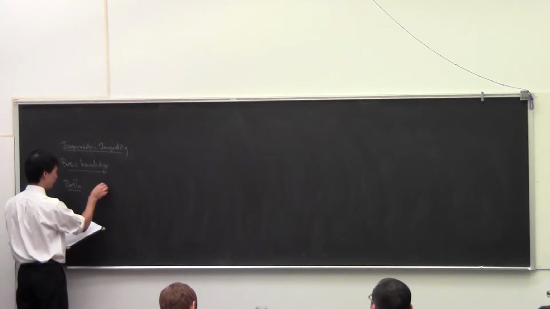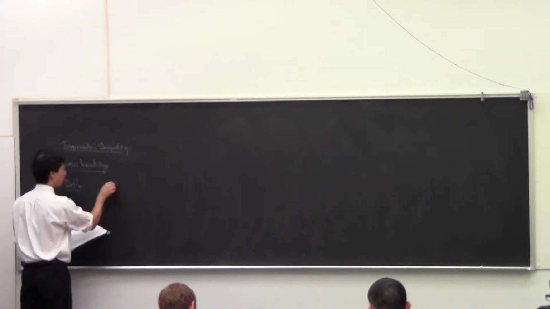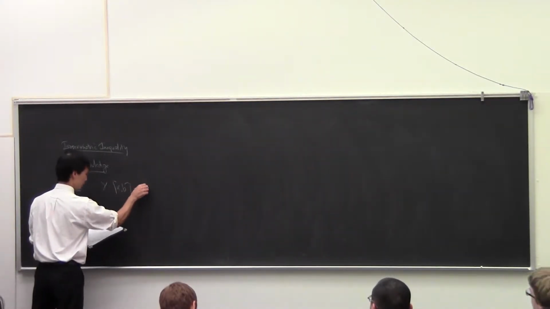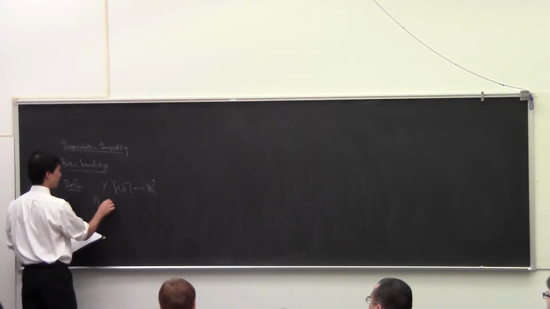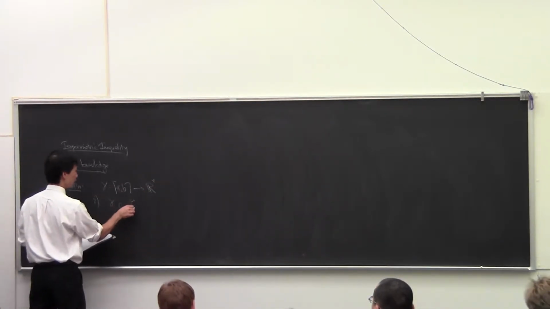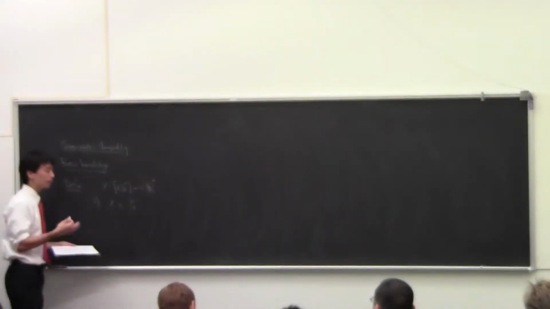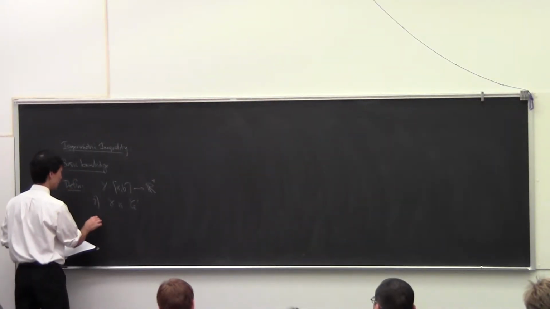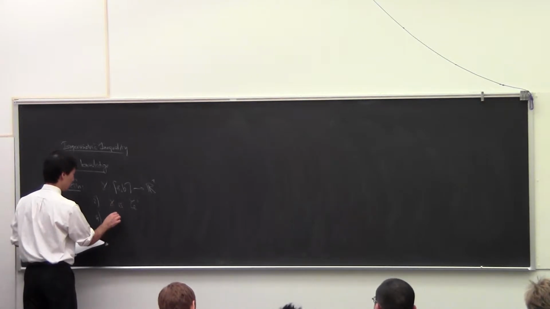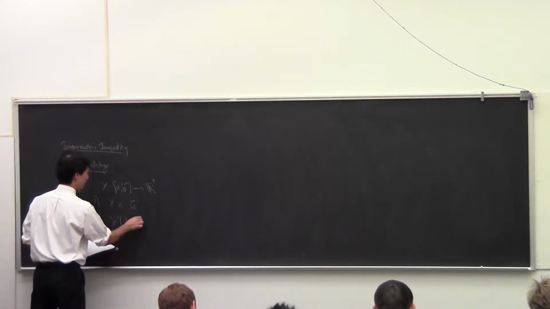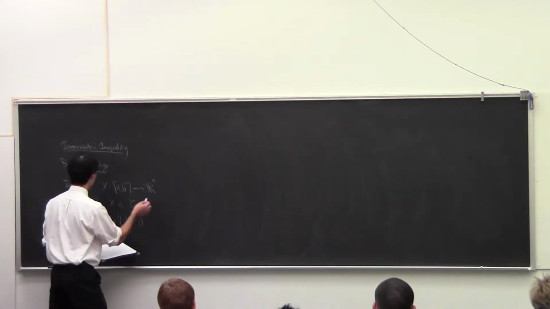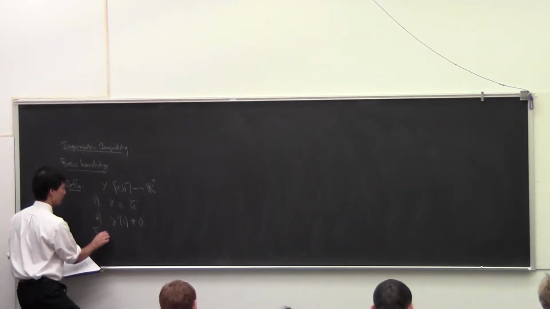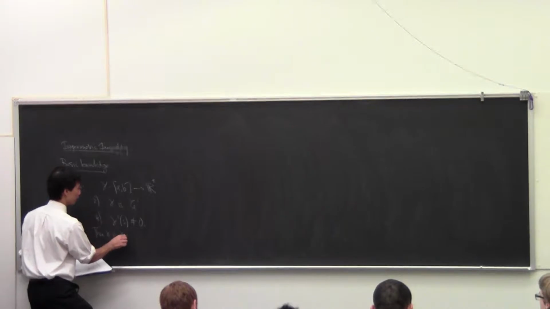You have a map gamma into R2, and let's say that gamma is C1, continuously differentiable, and gamma prime is not 0. Then this gamma is called a parametrized curve.